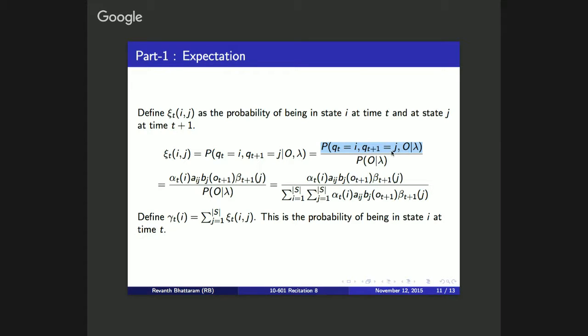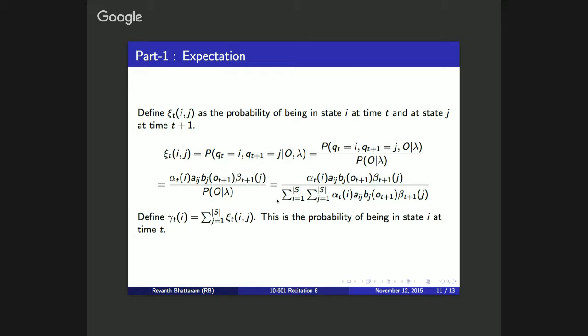If you sum up over all j, we don't have to worry about qt plus 1 anymore, and we'll only be left with the probability of O given lambda. That is why the denominator over here is just a double sum of the numerator, where we vary our parameters, j going from 1 to s, over all possible states. So is that part clear? That is why we get this double sum for the probability of our observation sequence.